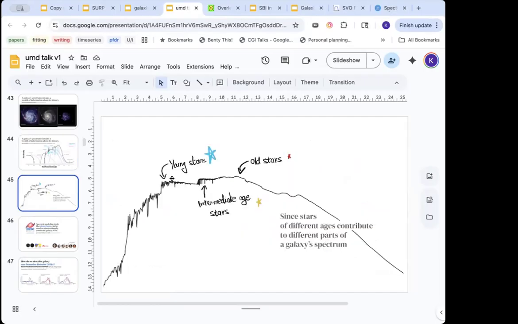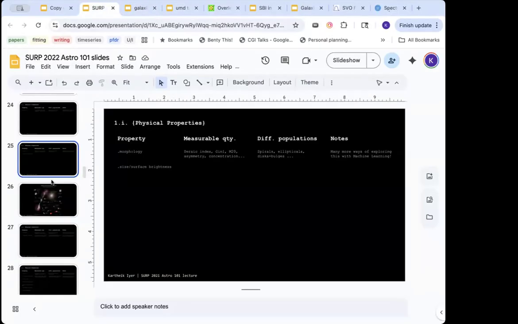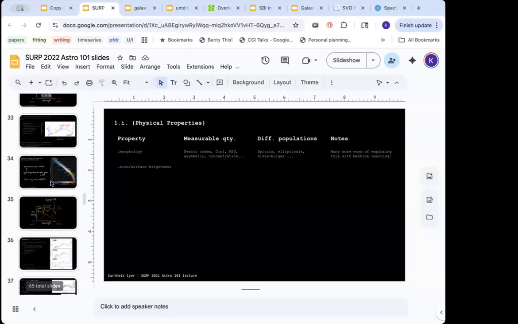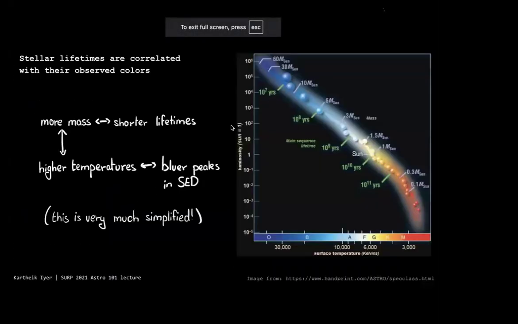So what happens is if you just look at all the emission that comes from the stars, you'll see a spectrum that looks something like this, right? It looks like a combination of many different black body spectra with some extra features thrown in for fun. But the reason this happens is because, let's see if I have that picture somewhere. All right, there we go. So there's a relation between the temperature of a star, the lifetime of that star, and how its spectrum looks.